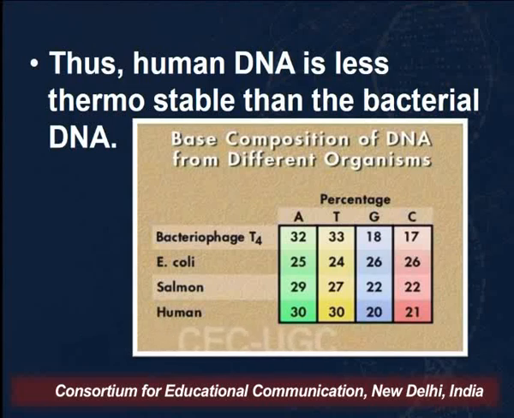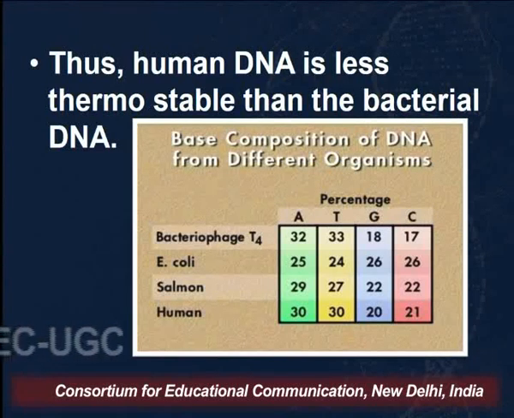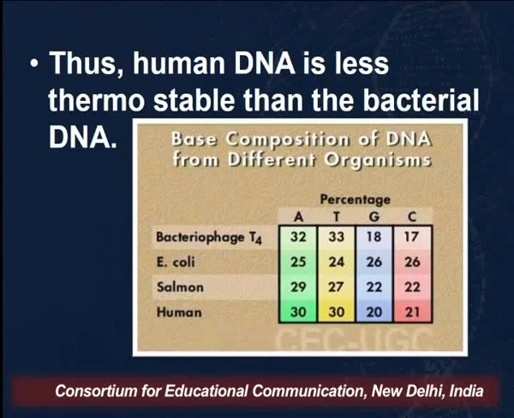For example, the DNA of E. coli is more stable than the DNA of humans, because in case of E. coli the percentage of GC is greater than the percentage of A plus T.